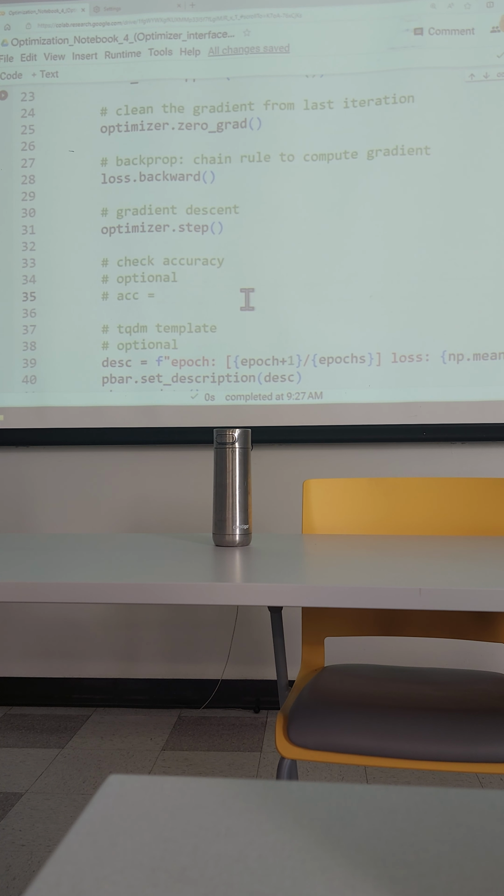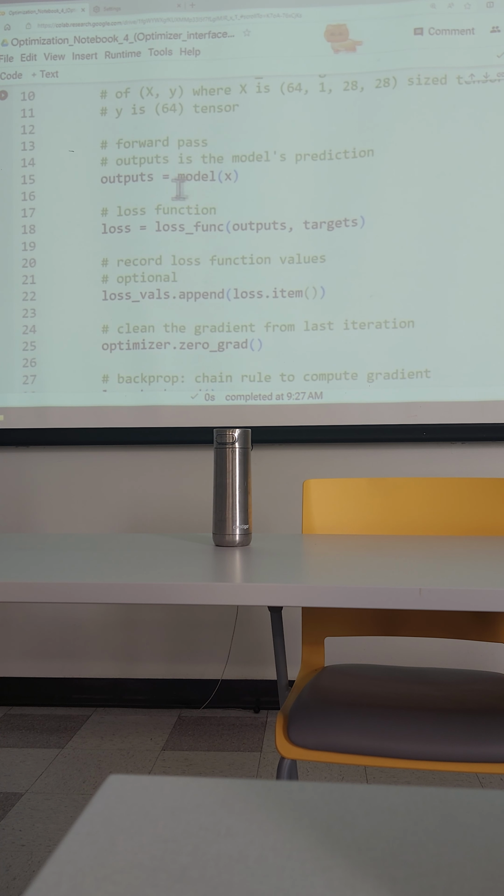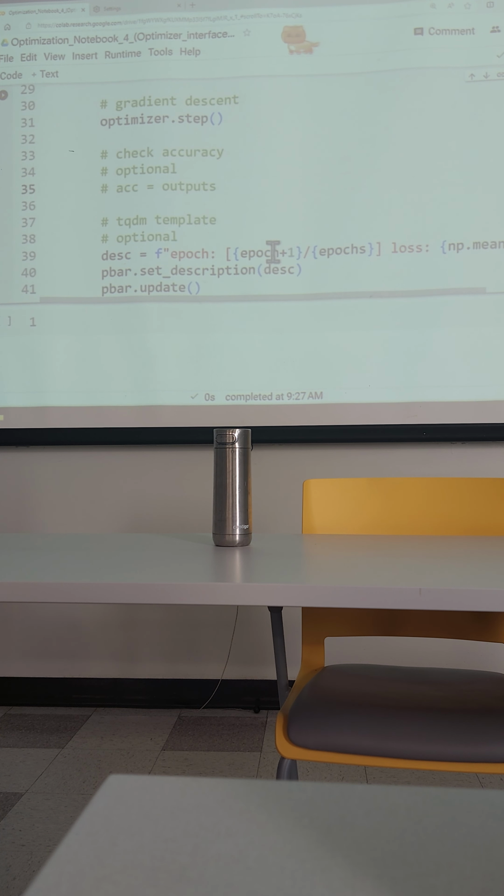So this is our output. First we want to detach it. It's a long line of code. First we detach it, and then we compute its argmax with dim -1.